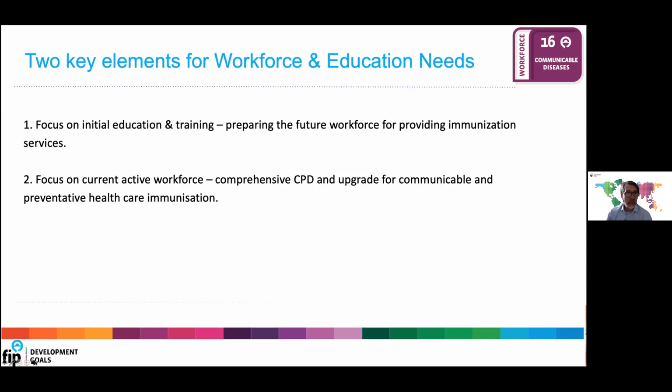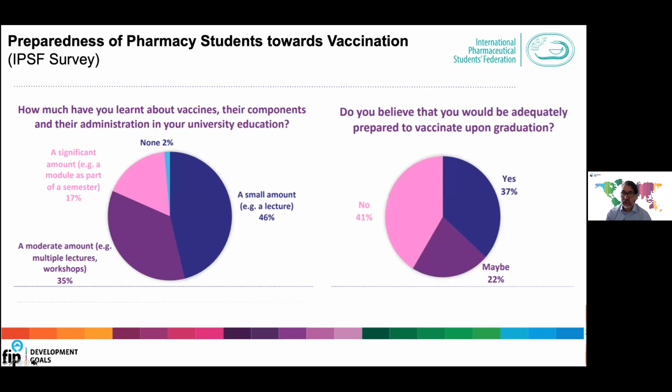Let's start with our future, which of course is our students who are learning about pharmacy in their initial education and training. Even now, as the next slide shows, in the midst of our global pandemic, the preparedness of our students is not what we would like it to be.